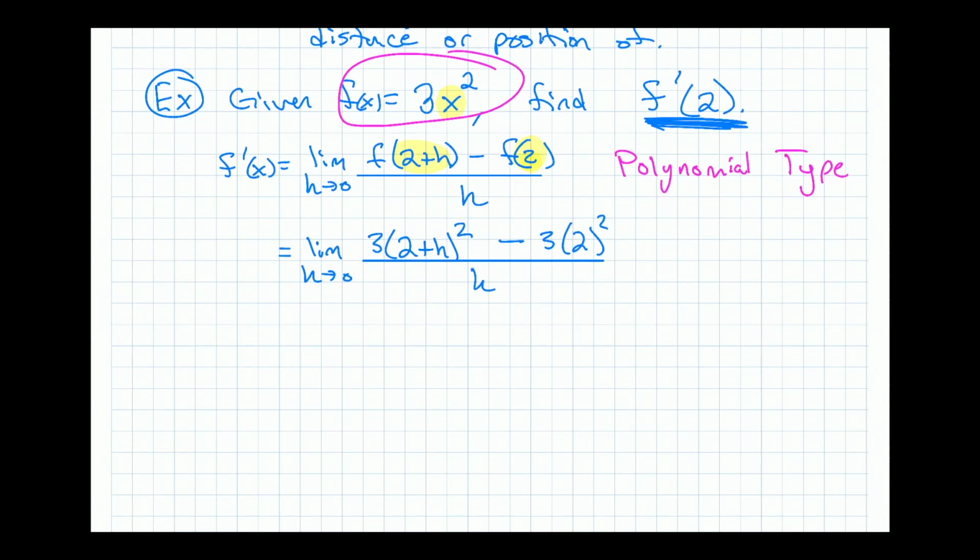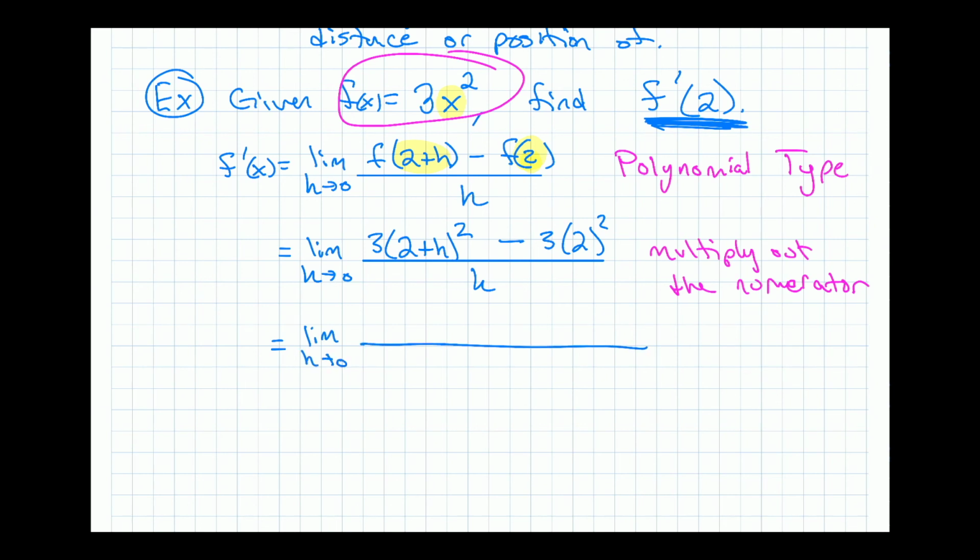Okay? Now, once you have it here, what you want to do is multiply out the numerator. So just multiply it all out and see what you get. Now be careful to handle any pluses and minuses correctly here. So how are we going to do this? Well, you have to multiply out 2 plus h squared, right?